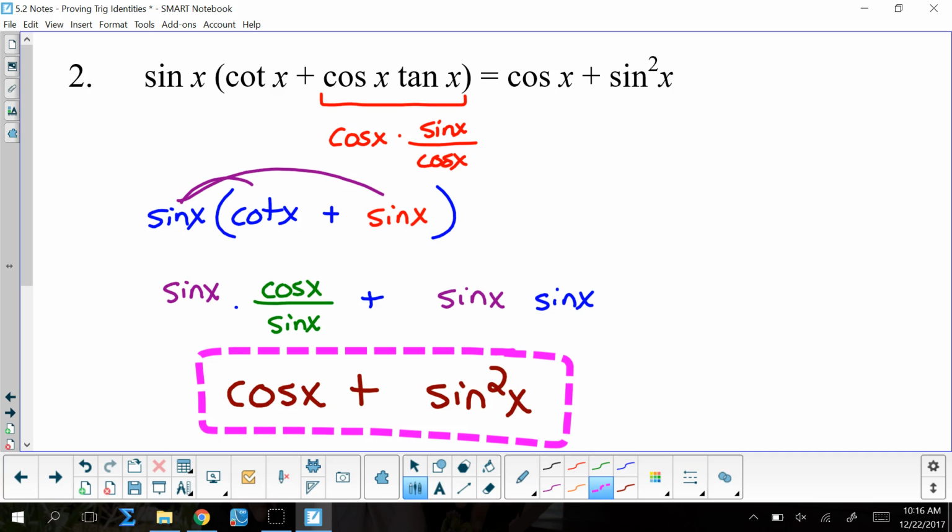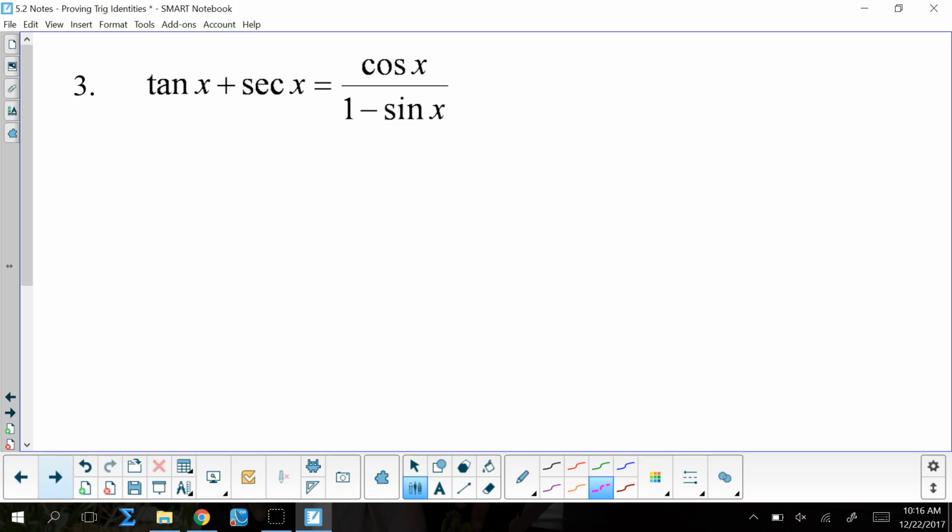Okay? Go for it. Which side do you think of? The division side? The addition side? What'd you do on the addition side? I changed tangent to sine x over cosine x and added 1 over cosine x.